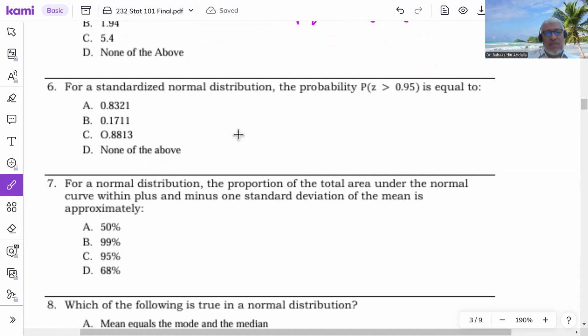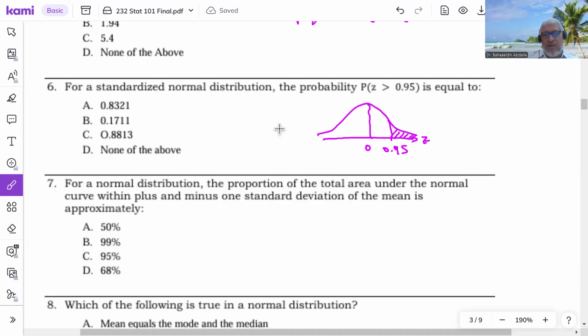For a standardized normal distribution, Z, the probability that Z is greater than 0.95 is equal to what? Well, this is the normal distribution, Z, and this is 0, and here somewhere 0.95, and he is asking for this probability, Z is greater than 0.95.